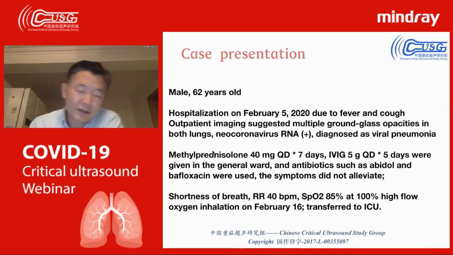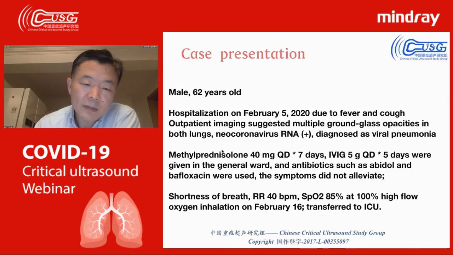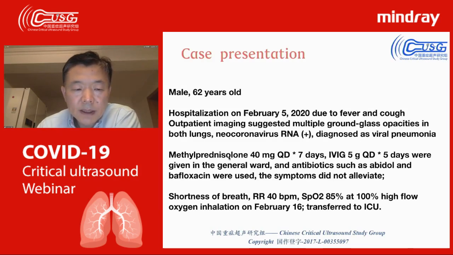They used these drugs, 40 milligrams per day for 7 days, and also some kind of protein for 5 days, and also gave some antibiotics and other kinds of treatment, but the symptoms did not resolve.